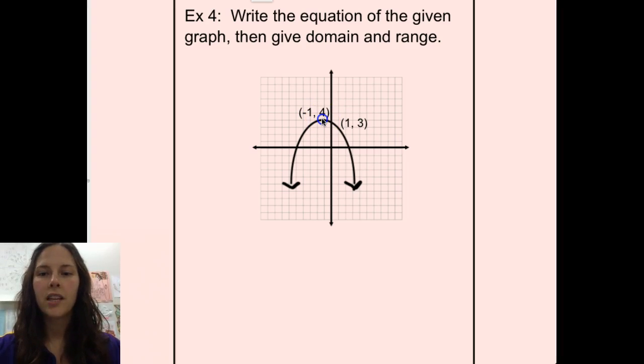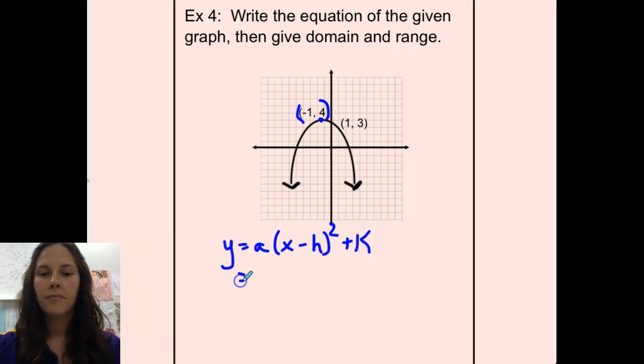Looking at that one more time, this time our vertex is -1, 4. Subbing that into the generic equation. The -1 goes inside and becomes positive. The positive 4 is outside and stays positive. And then we're going to take that 1, 3 and sub them in for x and y.